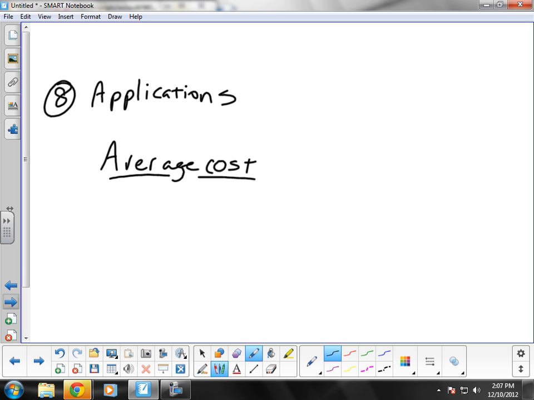And so the way you find the average cost is you take just the overall cost or the total cost of doing a project, but then you divide it by the number of items. And that'll tell you how much it's costing you per item.